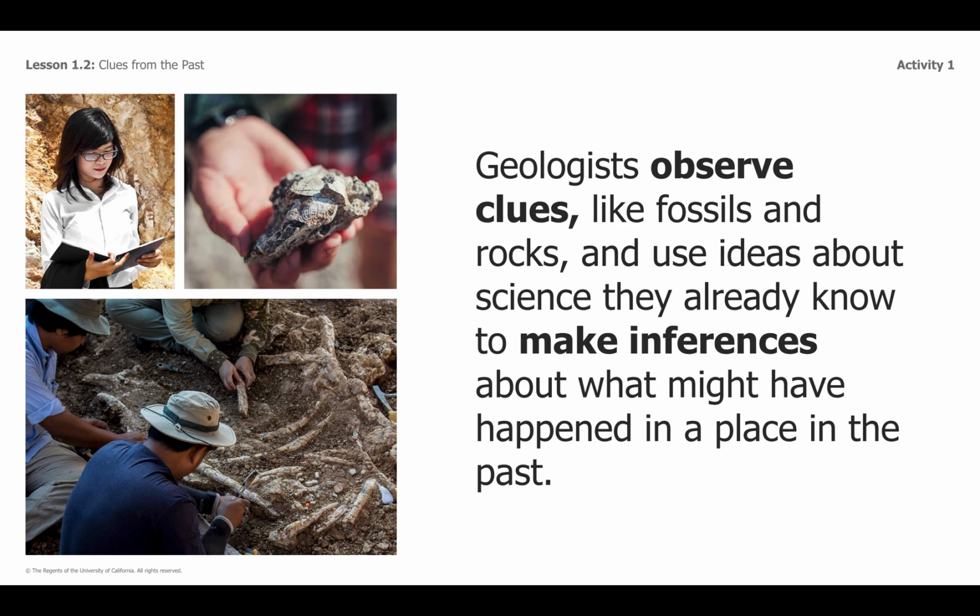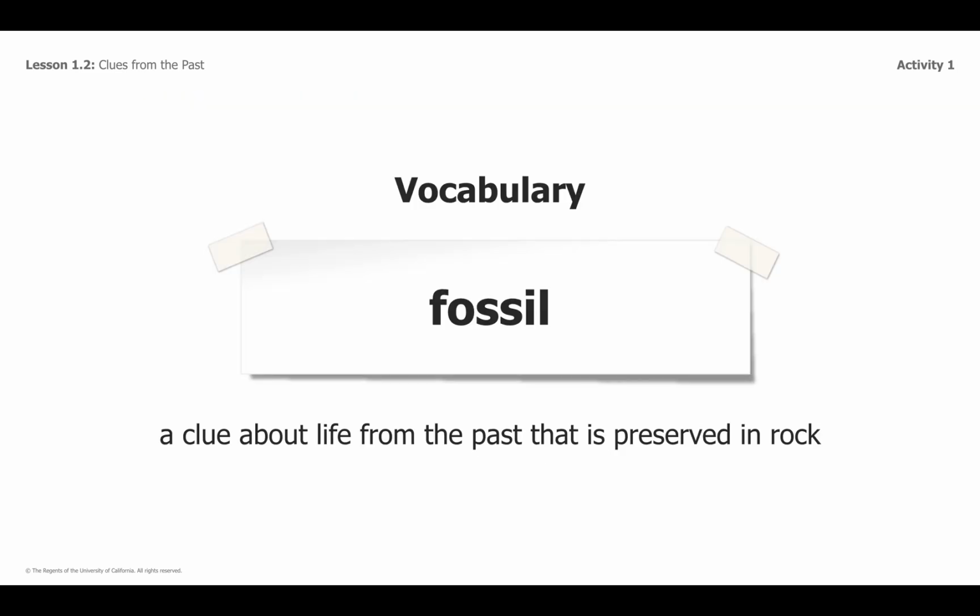So geologists observe clues like fossils and rocks and use ideas about science they already know to make inferences about what might have happened in a place in the past. So again, they're seeing things and measuring things, and then they infer what they think happened.